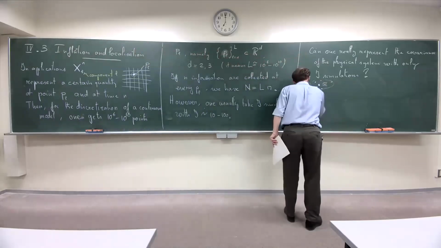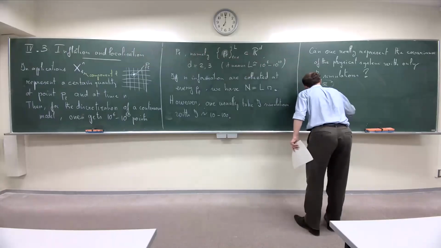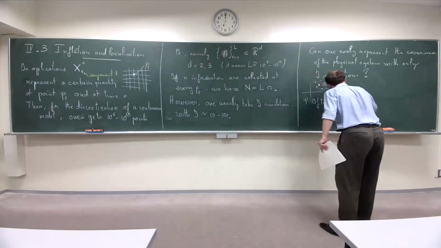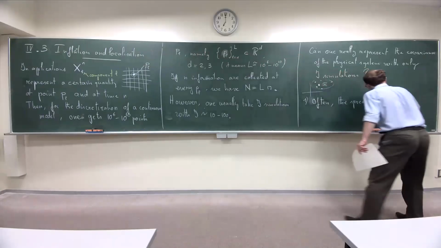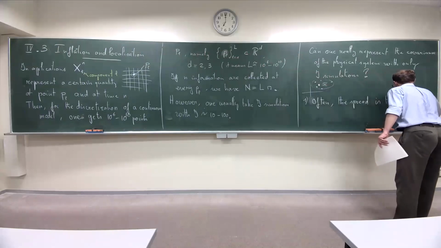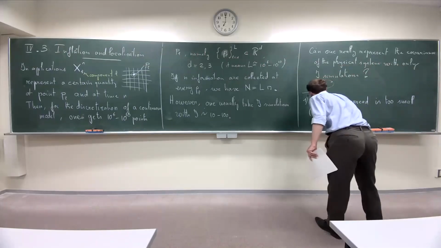And the first problem we face is the following one. Often the spread is too small. So what does it mean that the spread is too small? And this is measured with the covariance.